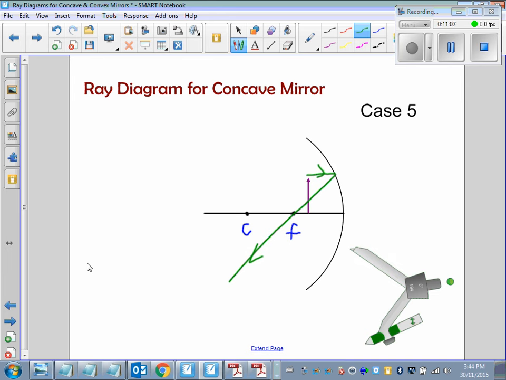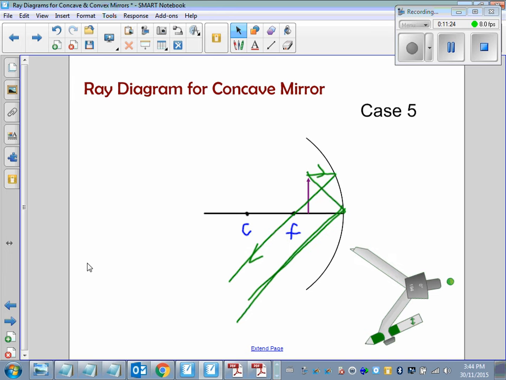And now I'm going to take the vertex one. We put this one into the vertex, and it will be reflected out like that.